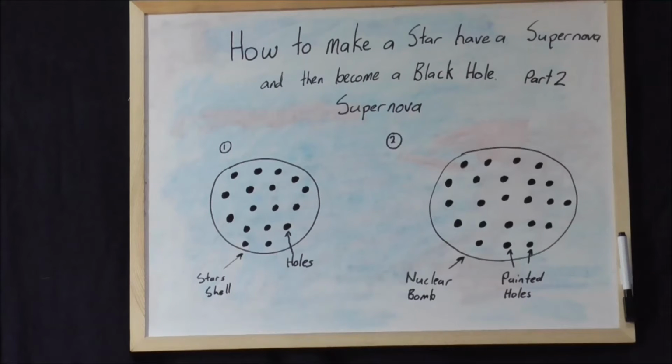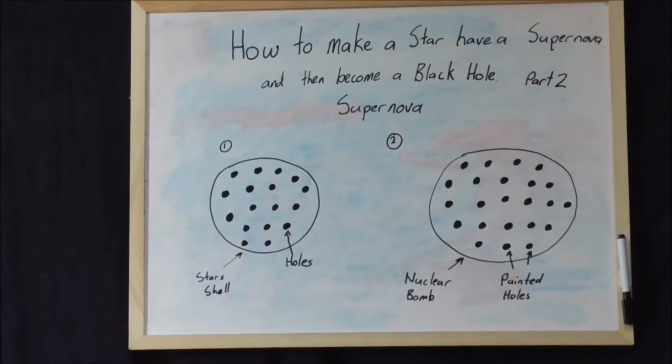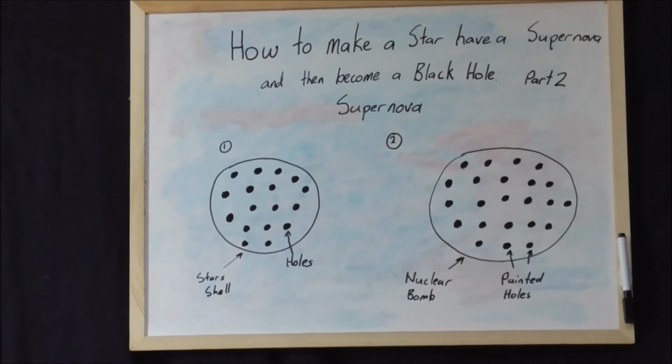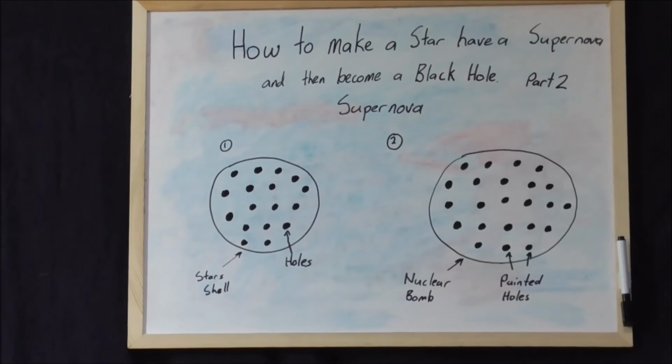The star's shell is teleported out and instantaneously swapped for a nuclear bomb. So after combustion is ended, the star's shell is teleported into another dimension and swapped for a nuclear bomb which is encased in barium.